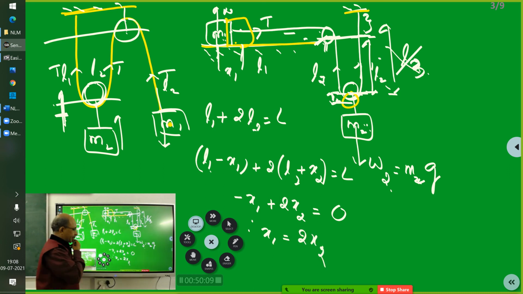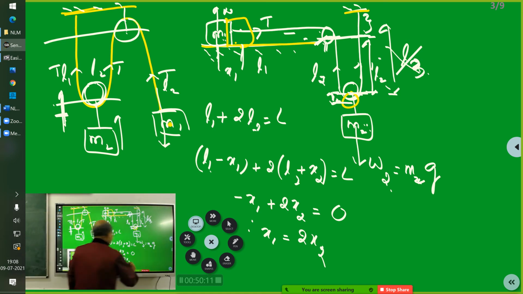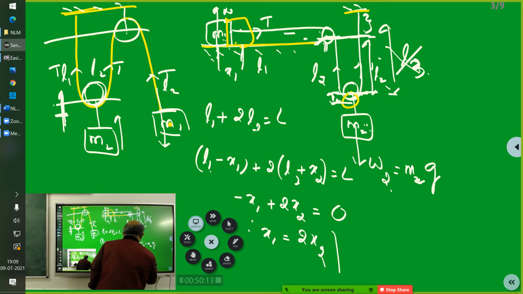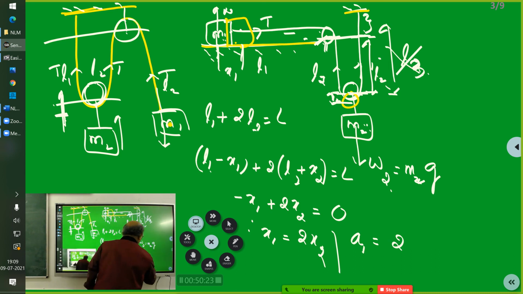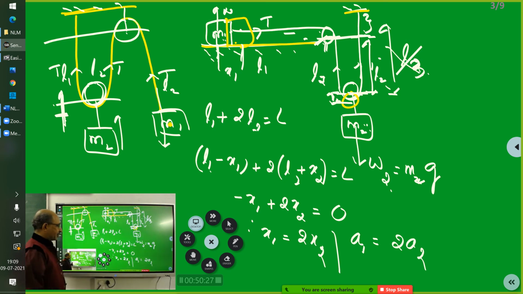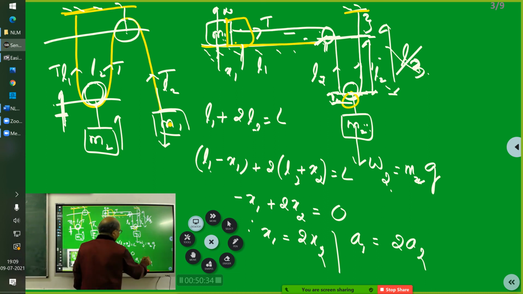Now if you differentiate this, X1 you take as A, then this will be 2A. If you differentiate, this is A1, this becomes 2A2. You will get this relation: this will be 2A2 and this will be A1.